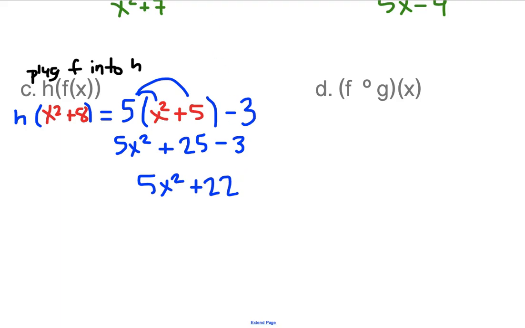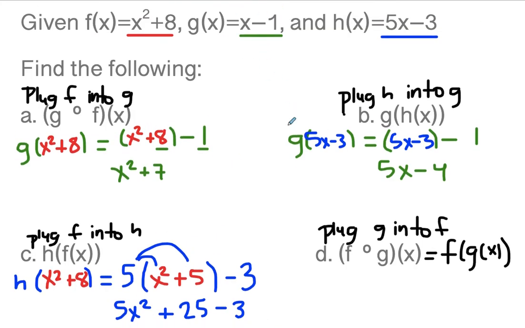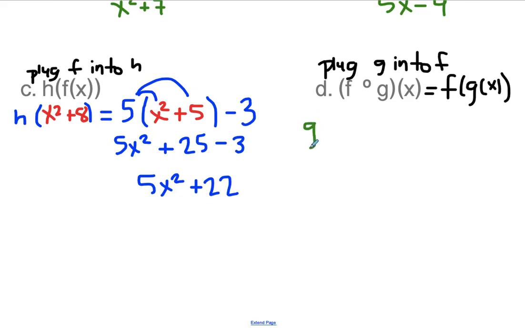Now the last one, let's rewrite this. First number goes on the outside, second number goes on the inside. So this is telling me that I'm going to plug g into f. So I know that my g value is x minus 1.